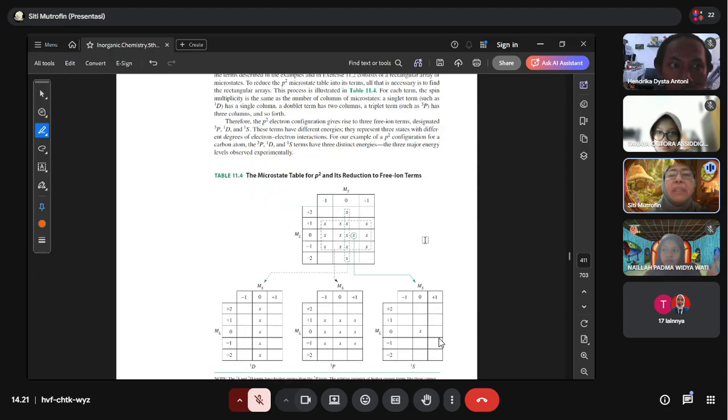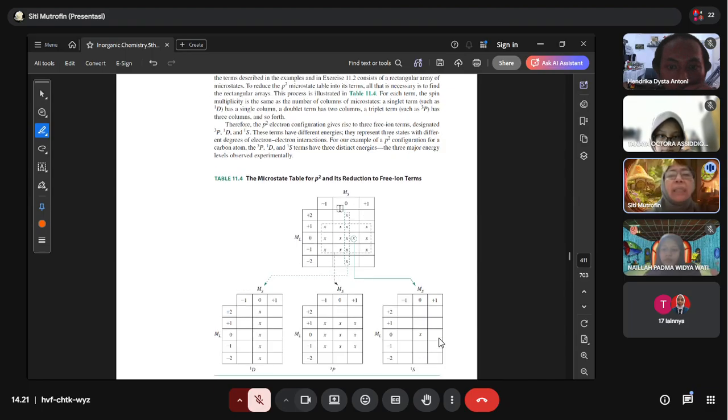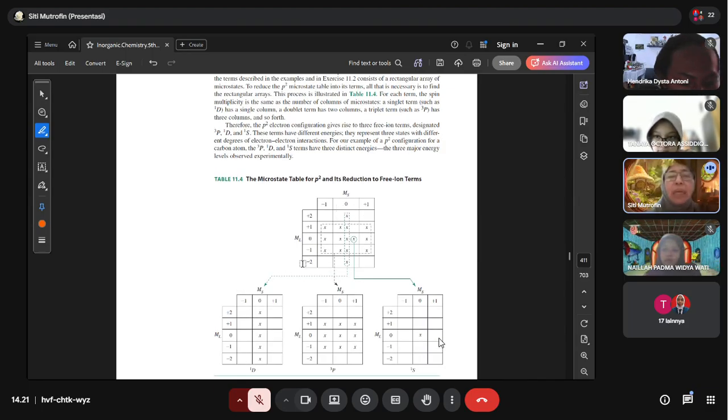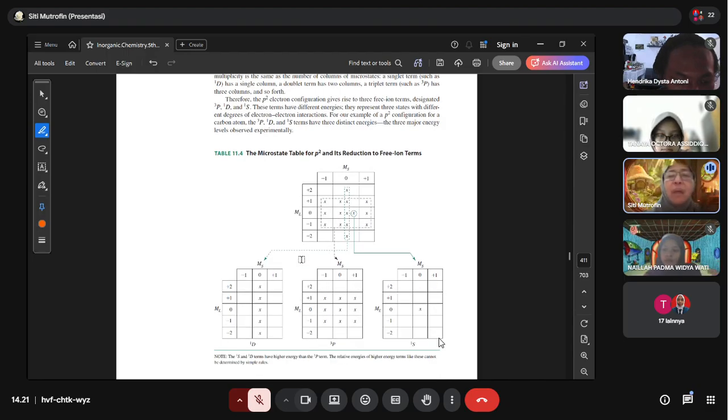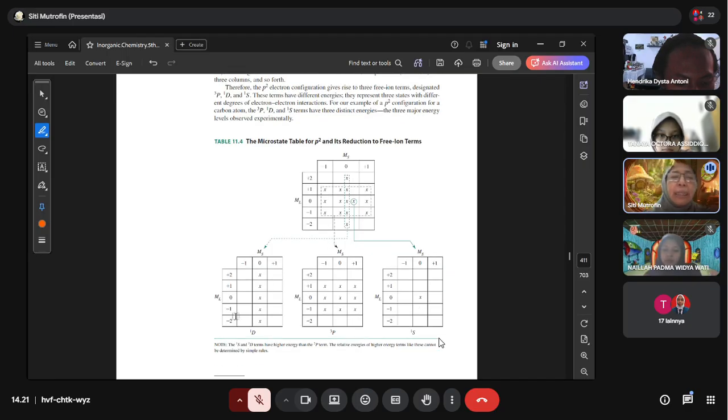Based on the explanation in the book, after you replace all the microstates with the small x, you will find that in the relation between ML and MS there are specific shapes that they name rectangular shapes.